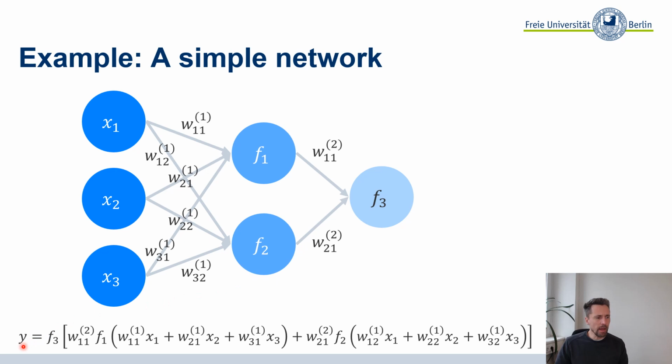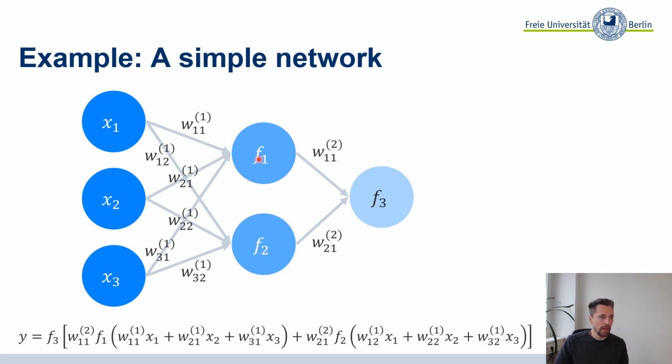Now you can write down the equation of the network's output. So Y would be the function f3 of f1 times its weight plus f2 times its weight.